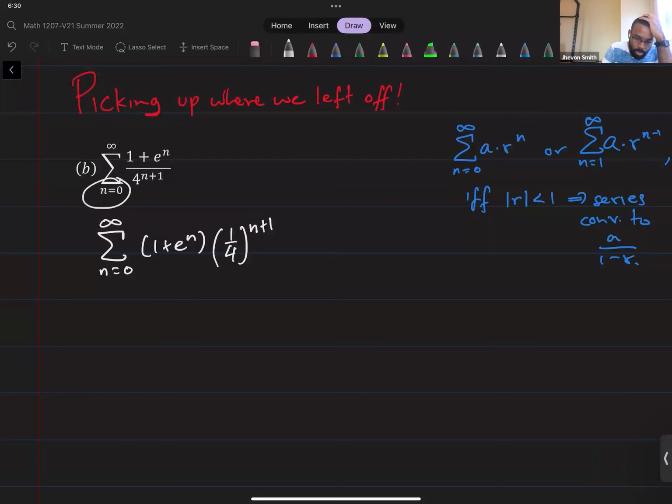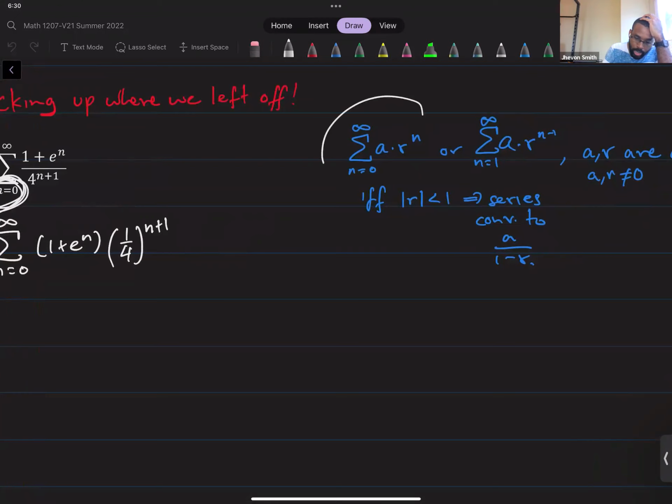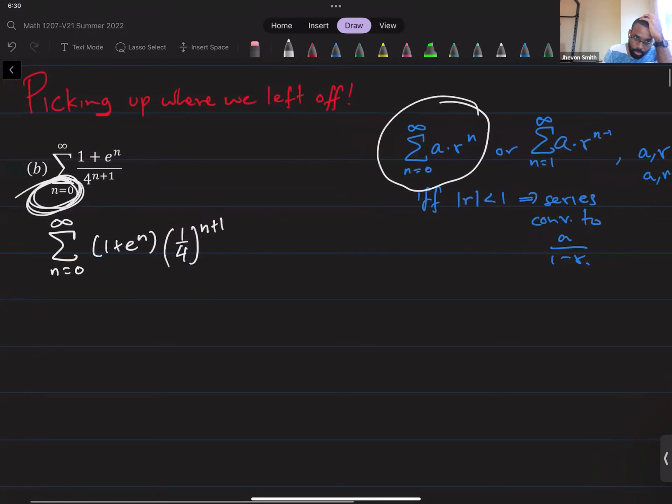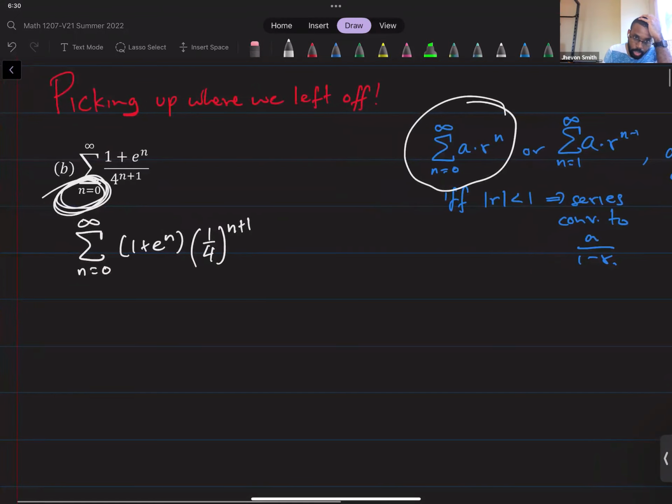Because we're starting from 0, we'd probably want it to look like this version. What should the power be in that version? The power you should have is n. And notice here you have the power n plus 1.